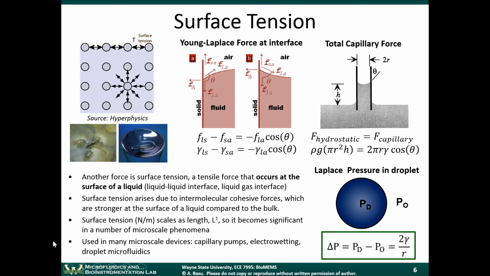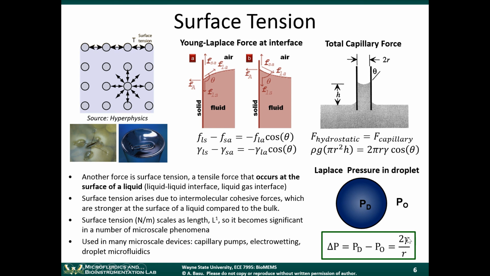So surface tension scales as length. I mentioned that. The pressure difference between the inside and the outside of a droplet is given by this Young-Laplace equation, which basically says that the pressure inside the droplet minus the pressure outside is equal to 2 times the interfacial tension.